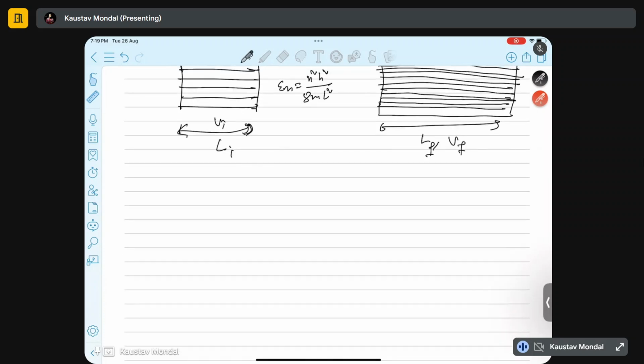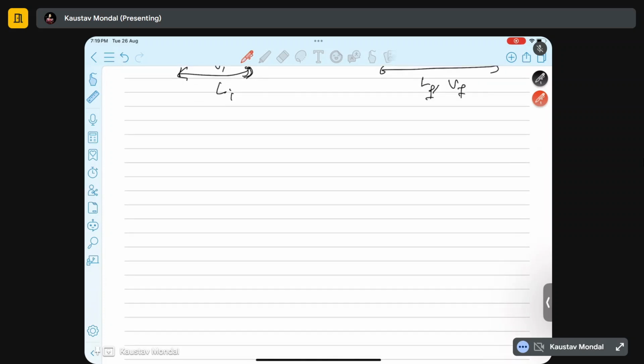So the first problem is on isobaric expansion.